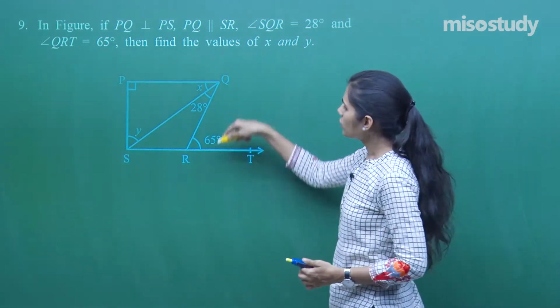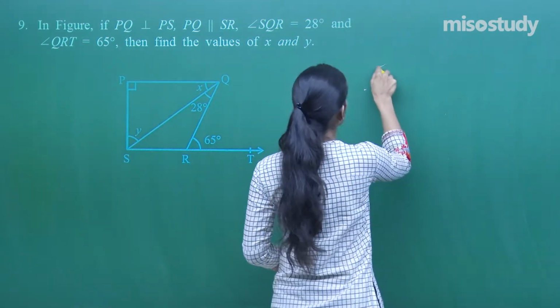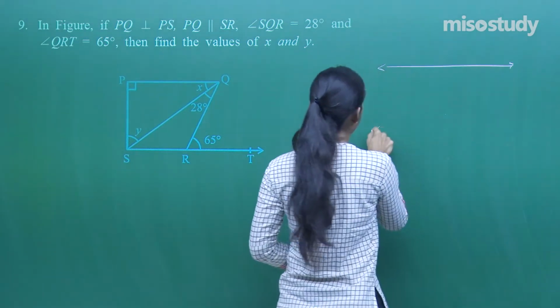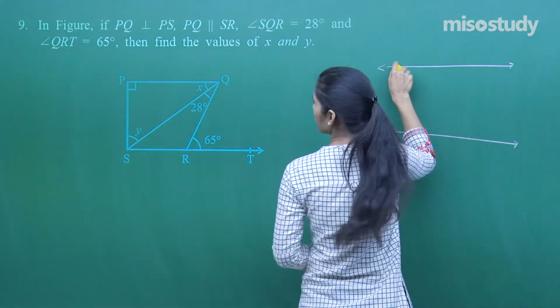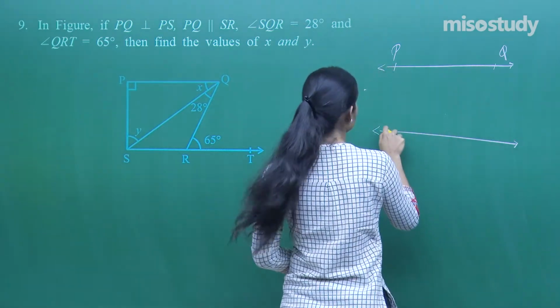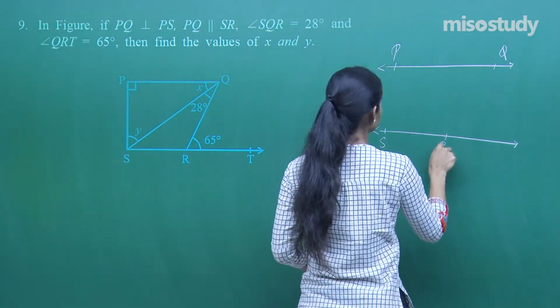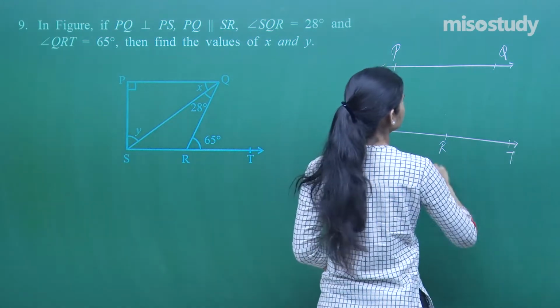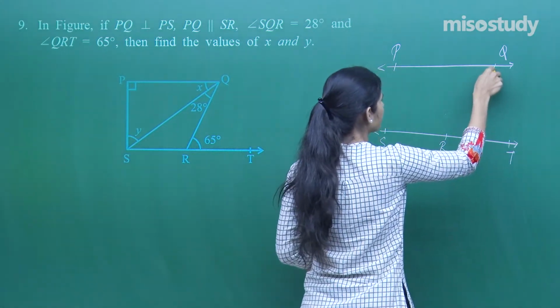It's given that PQ is parallel to RS. So if you have this parallel to this, so somewhere here is P, say this is Q, this is S, this is R, this is T, and you have something like this.